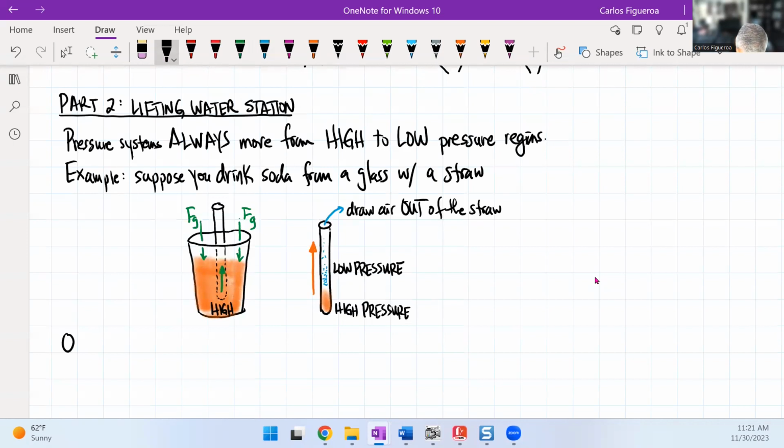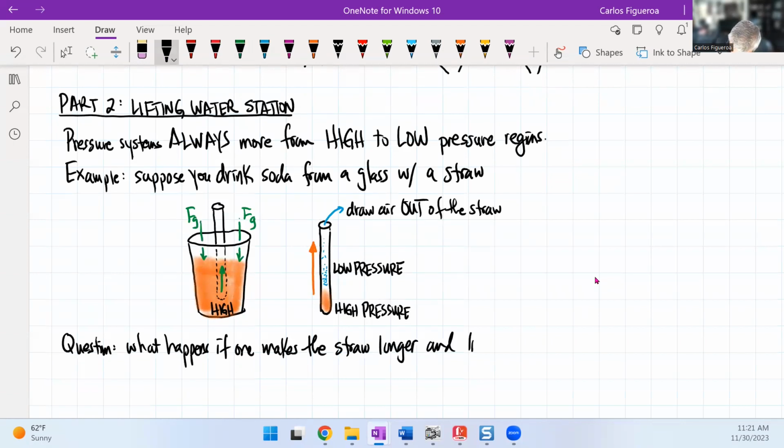So now a question comes up. What happens if one makes the straw longer and longer?